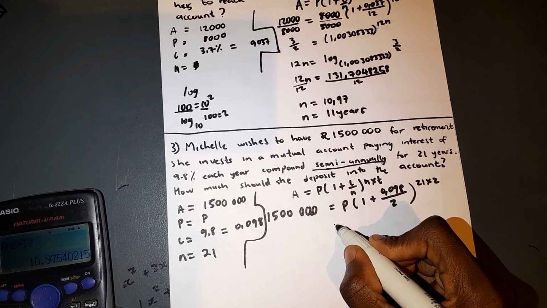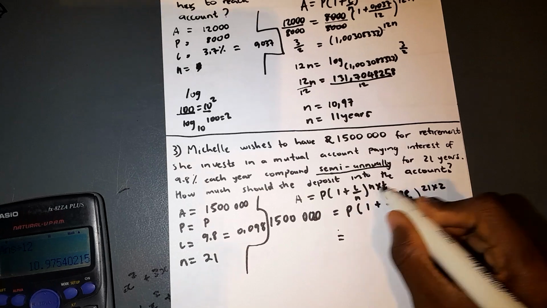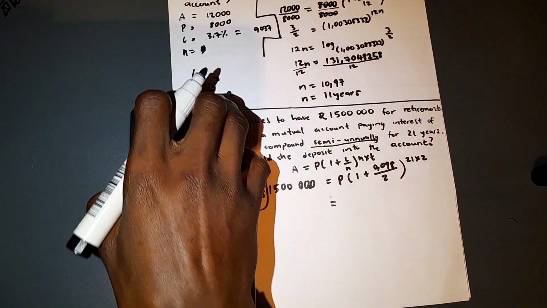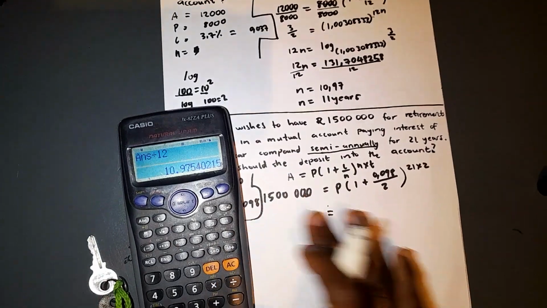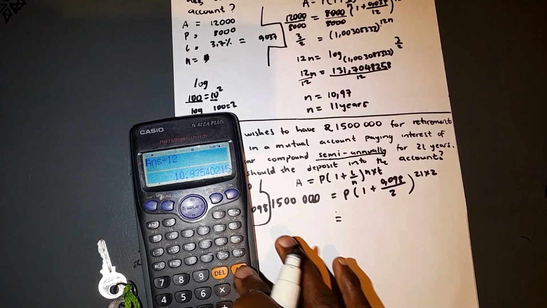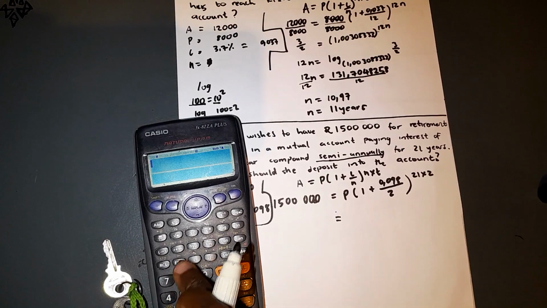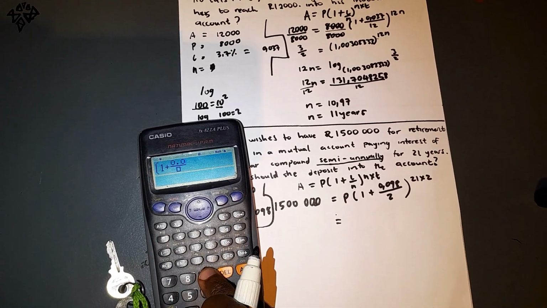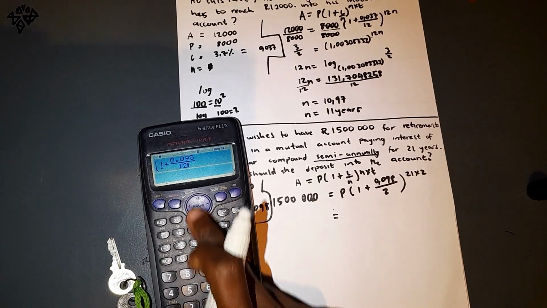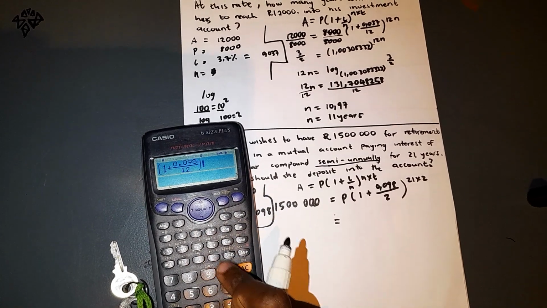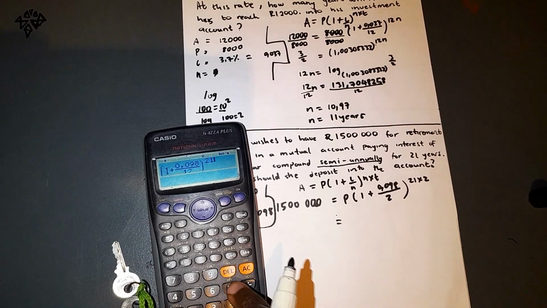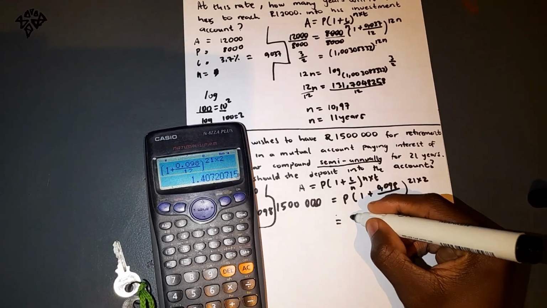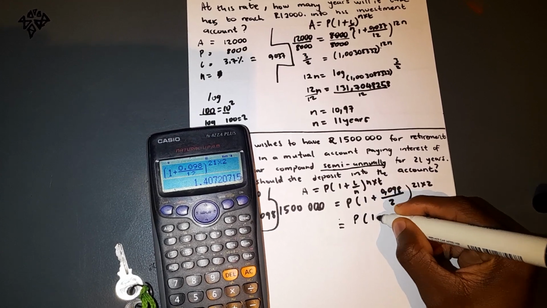So now here we must just do everything inside the calculator and divide by it, another 1.5 million. So it's 1 plus 0.098 over 2 to the power 21 times 2.